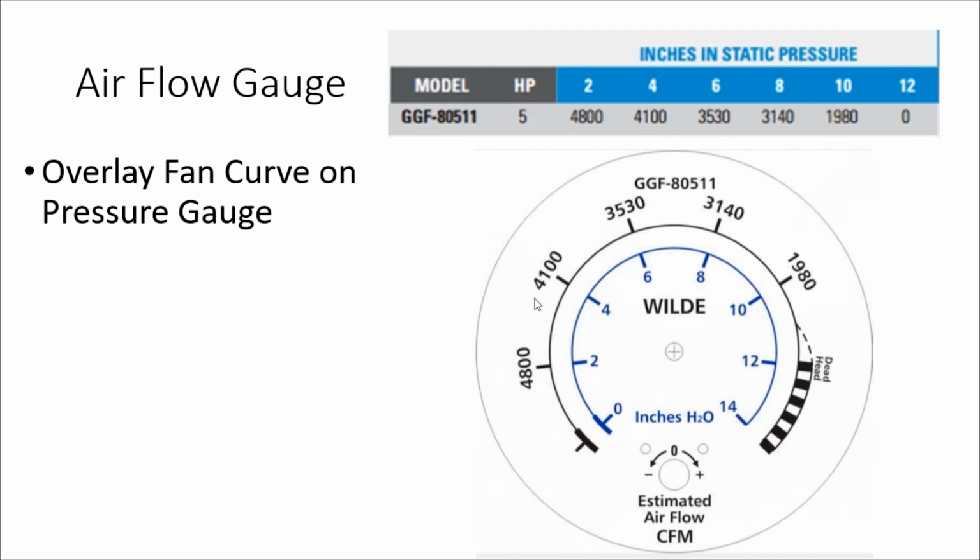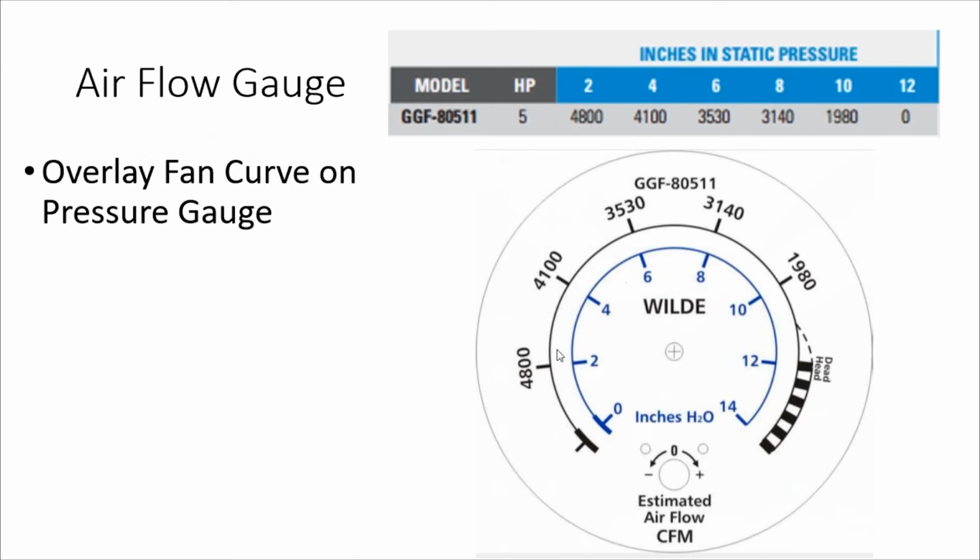Now, the last piece that I want to touch base on is I continue to harp about airflow, airflow, airflow, understanding your fan. The only real way to know your airflow and to understand your fan while you're filling a bin is to have an airflow gauge.